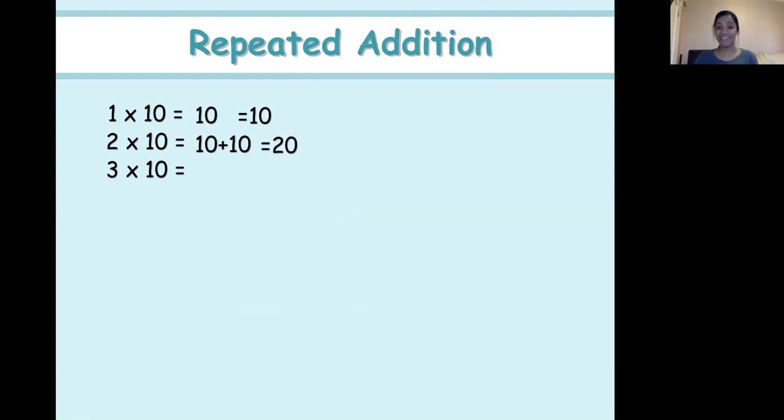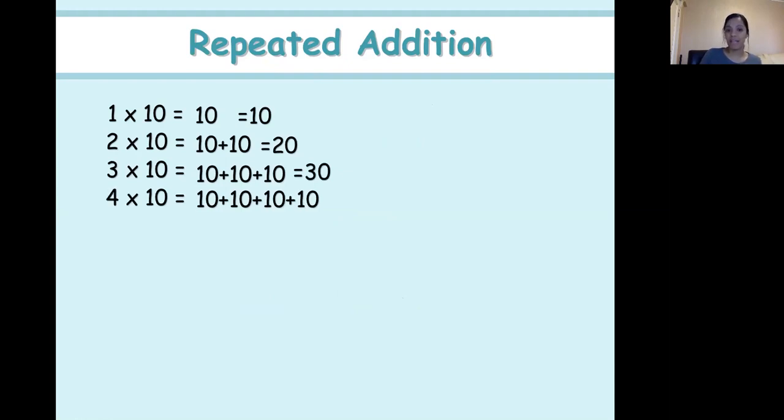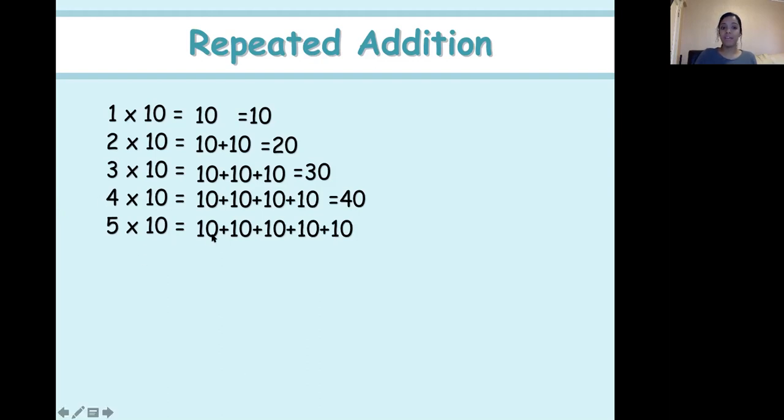3 times 10 is 10 plus 10 plus 10, okay, which equals 30. 4 times 10 equals 10 plus 10 plus 10 plus 10, which equals 40. And it will continue to go on all the way up, okay? So here we have 5 times 10, so we have 10 5 times, which equals 50.